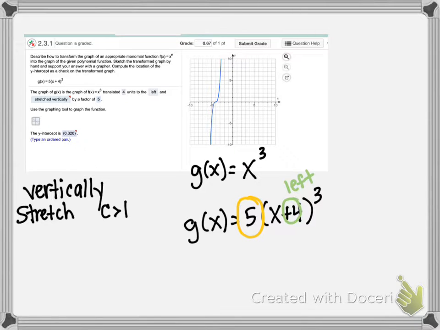If it's a vertical shrink or a compression, they kind of use different terms, then it's between 0 and 1. We don't want negatives because that's going to change to a reflection. That's two different things. Anything between 0 and 1 is a shrink. So 5 is greater than 1, so therefore this is a vertical stretch.